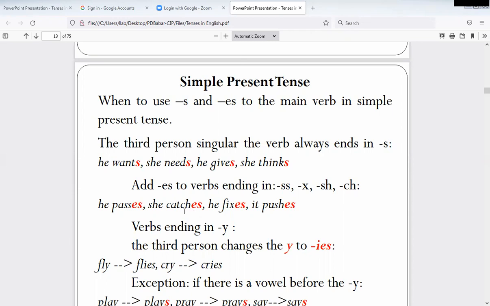So if there is ch at the end of the verb, and we are using it after the third person singular, that is he, she, it, then we will have to add ES as the suffix to this verb. So he catches, she catches. He catches the fish.